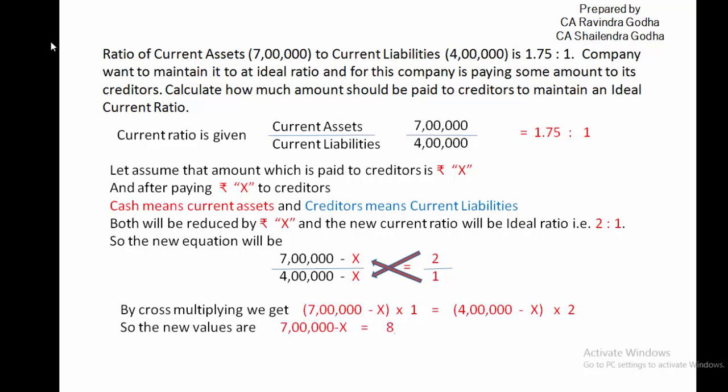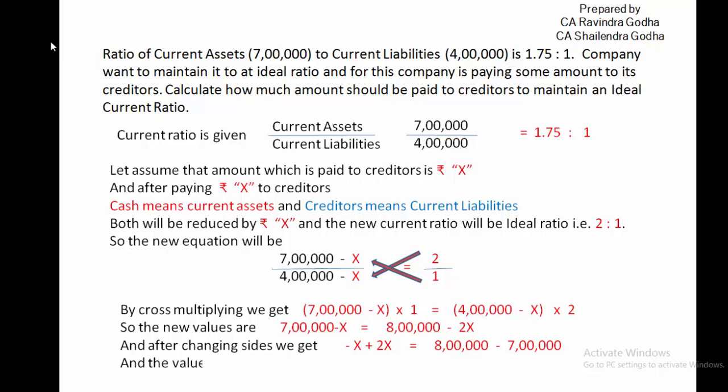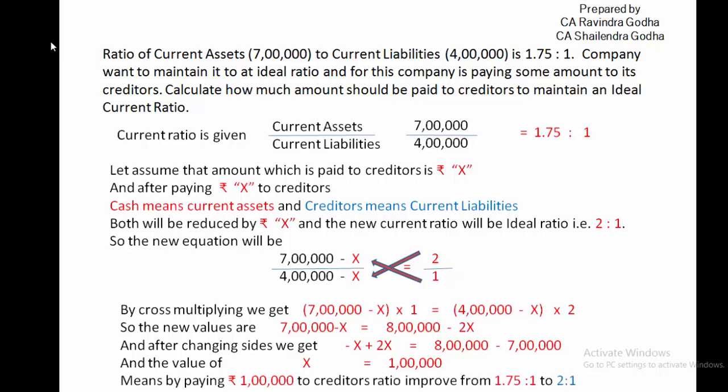So the new values are 7 lakh minus X is equal to 8 lakhs minus 2X, and after changing sides we get minus X plus 2X is equal to 8 lakhs minus 7 lakhs, and the value of X is 1 lakh rupees. Means by paying rupees 1 lakh to creditors, the ratio improved from 1.75:1 to 2:1.